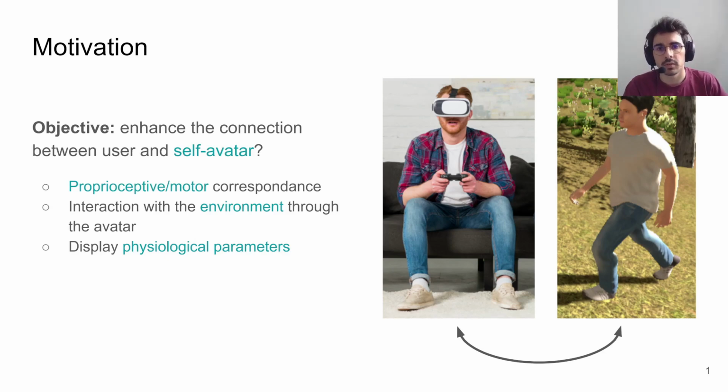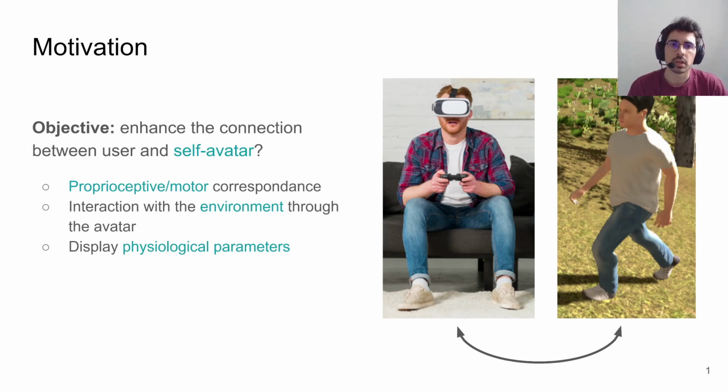You can try to have a better proprioceptive or motor correspondence between this user and his avatar, but it may be hard to do so because of the limited workspace. Then you can use the body of the avatar as a means of interacting with the environment.